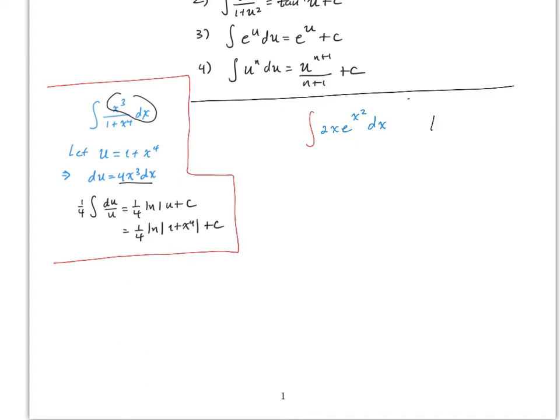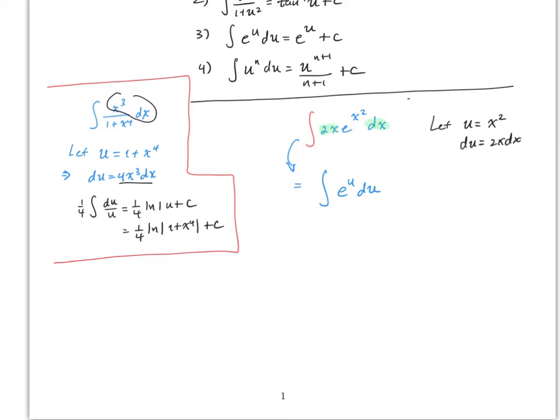So now here the substitution is going to be u equals x squared. Obviously du is 2x dx, and therefore if we plug it in here, this is going to be e to the u du. Notice that the du has a 2x dx, which is this part.